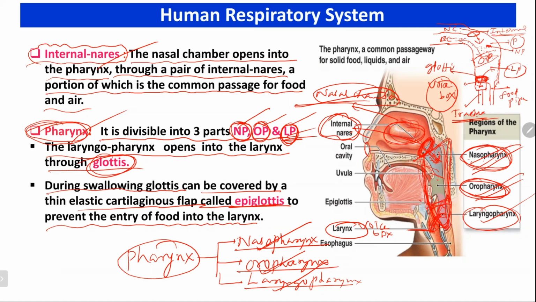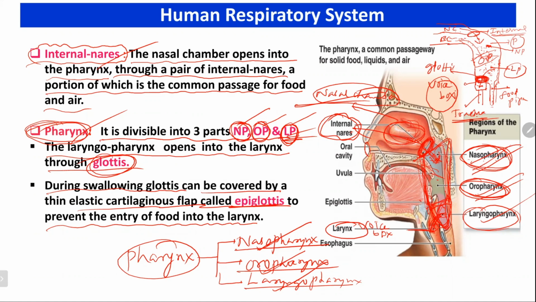Now you see this food and air pass through this pharynx. Food makes its way into the esophagus. Esophagus will carry food to the stomach. That is food pipe. Whenever we swallow, whenever we drink water, whenever we swallow any food material, what happens?